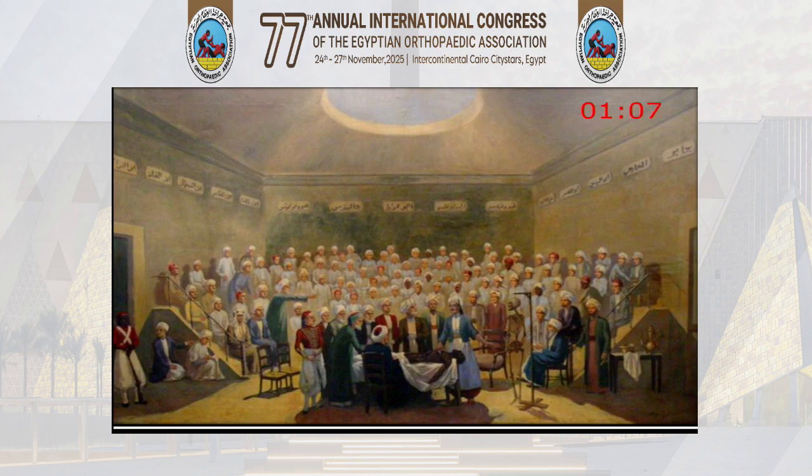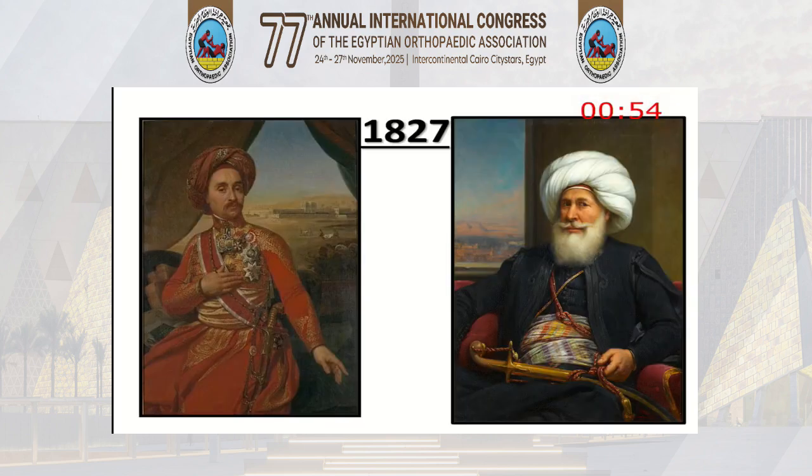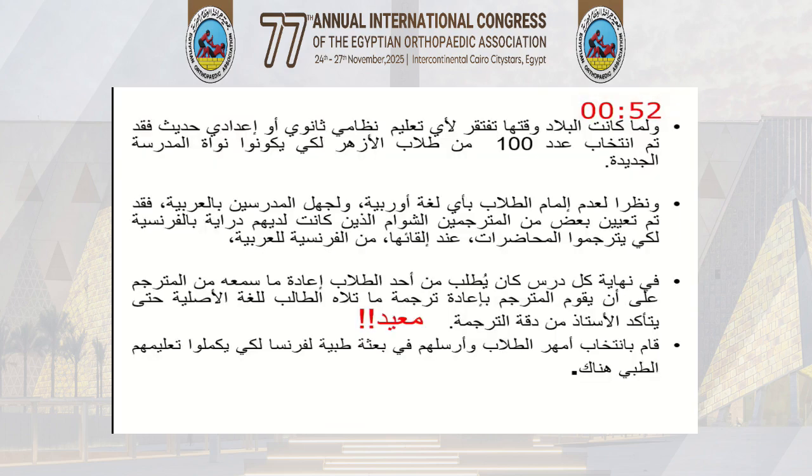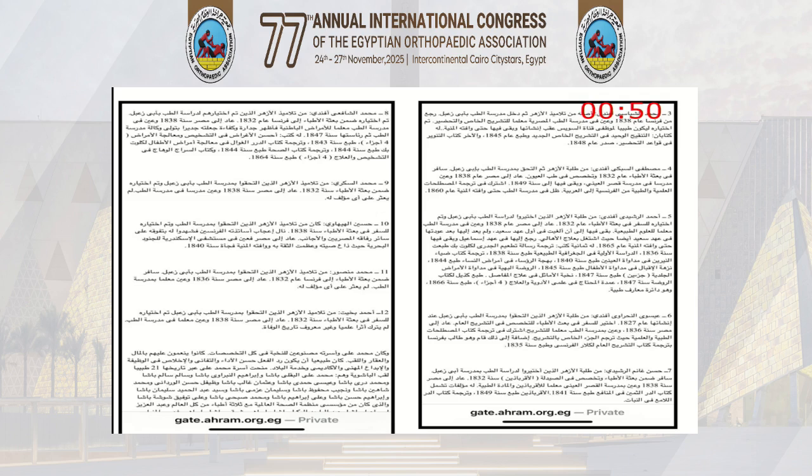So Muhammad Ali Pasha Al-Kabir selected 100 students from Al-Azhar, and this was the nucleus for modern Egyptian medicine. The names of the 100 students are well known in our history, and also the first medical mission towards France is also well known for us.